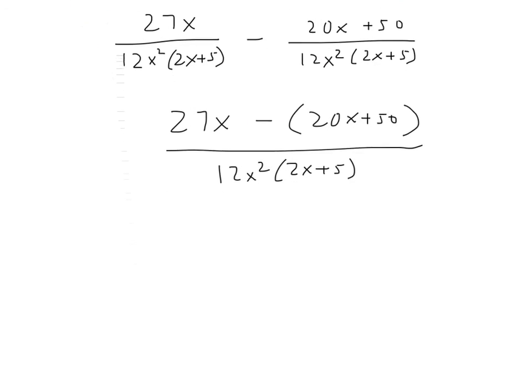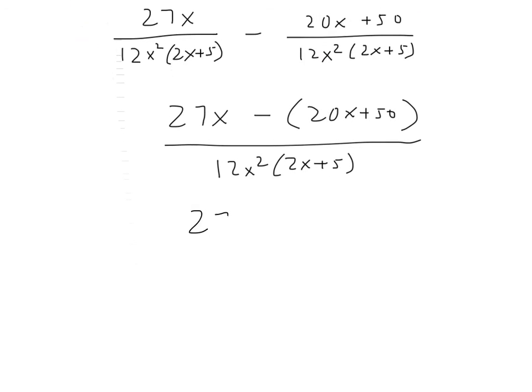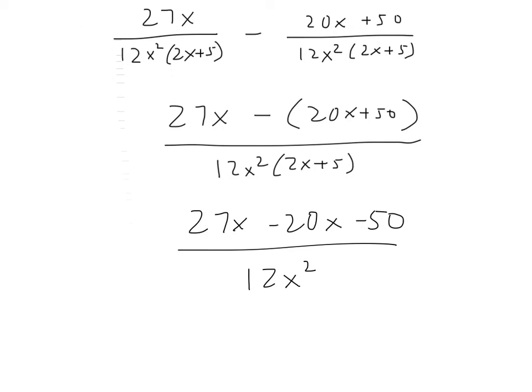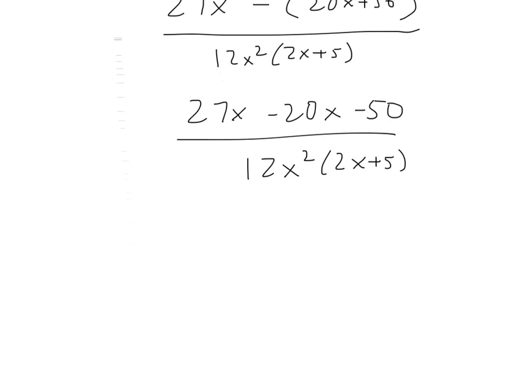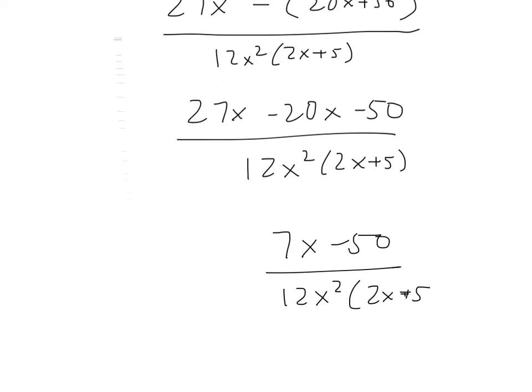And so this will end up as 27x minus 20x minus 50 all over this, which gives us a final answer of 7x minus 50 over 12x squared times 2x plus 5. And there you go. We'll do some more of these in class.